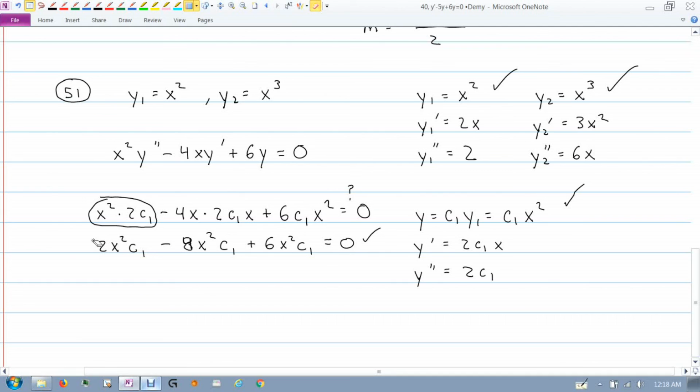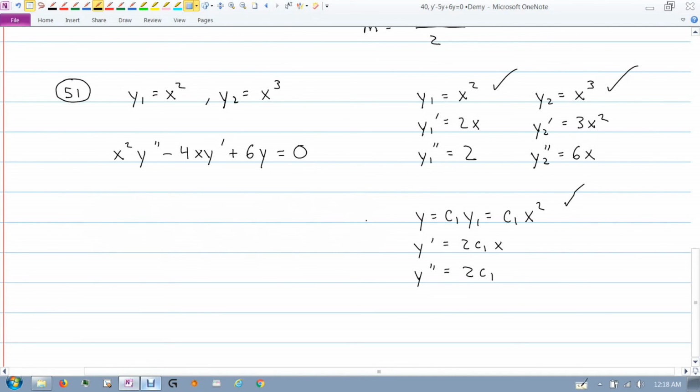And then they want you to check whether or not another one, I'm out of room on this page, but I'll squeeze it in here, is y equals c2 y sub 2, which is c2x cubed. Is that a solution? So the first derivative of that is 3c sub 2x squared, and the second derivative is 6c2x.